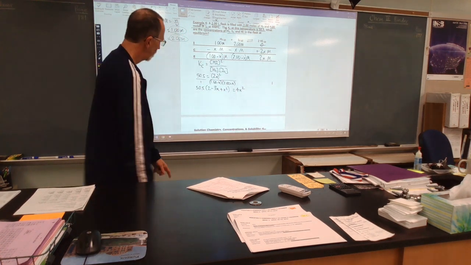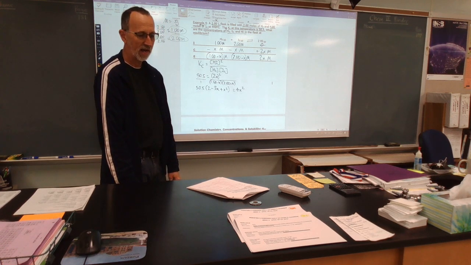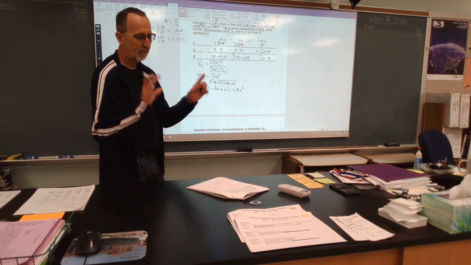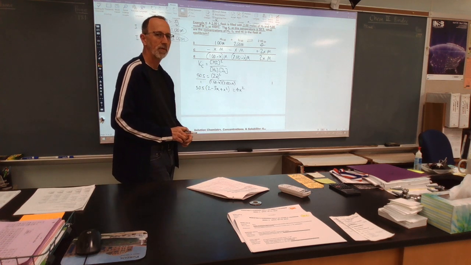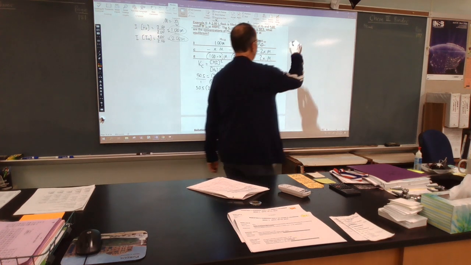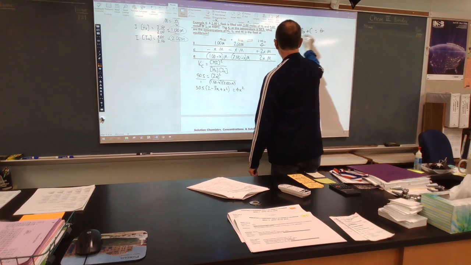Now I'm going to distribute this 50.5, but before I do that, I want to put this in the proper format. Remember, we said in using the quadratic, we want it to look in this order.